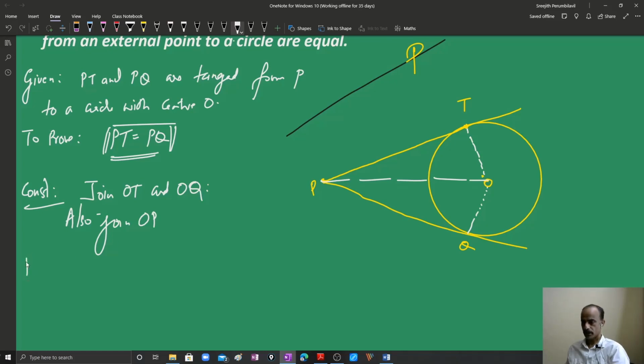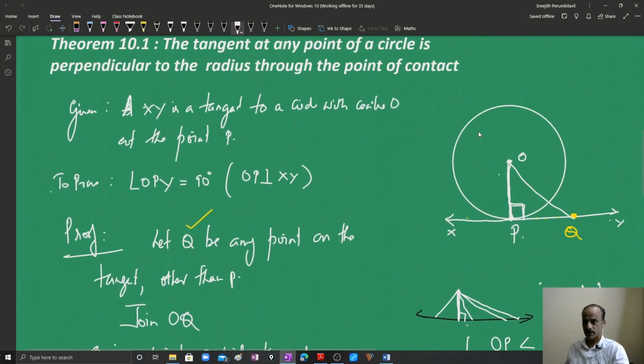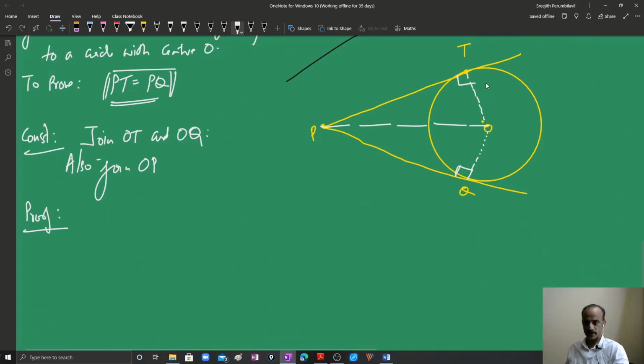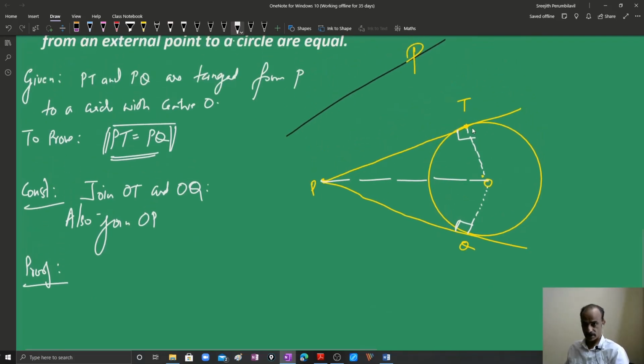So now the proof part. We know that this angle is equal to 90 degrees. Why? Because OT and OQ are radii drawn to the points of contact T and Q on the circle, and the tangent at any point on the circle is perpendicular to the radius. So we know that angle PTO is equal to angle PQO, equal to 90 degrees.